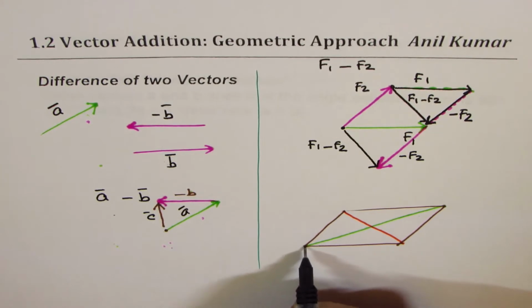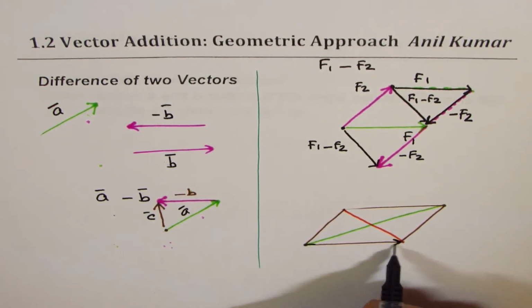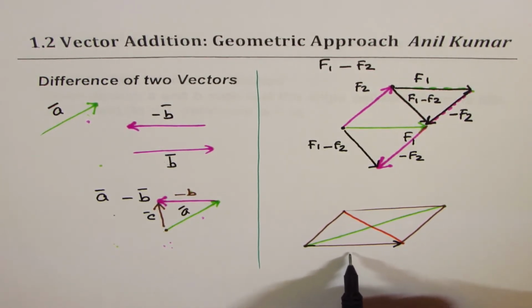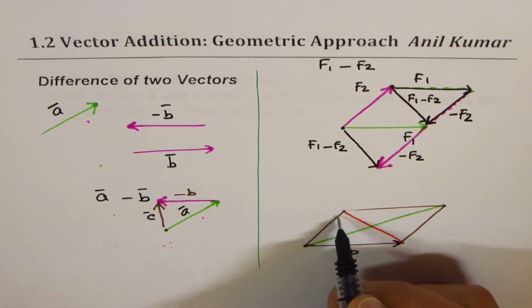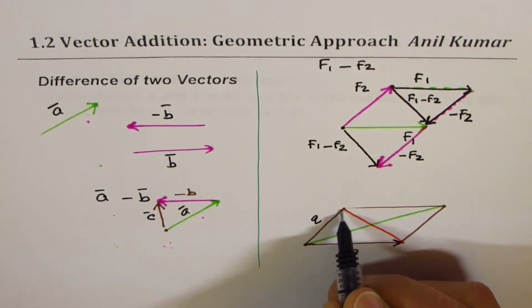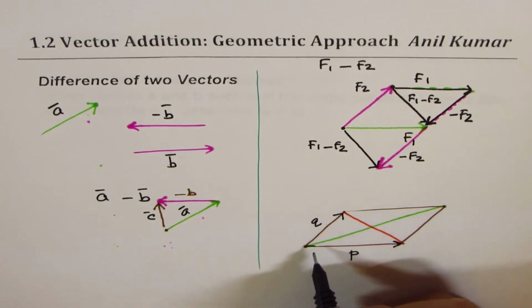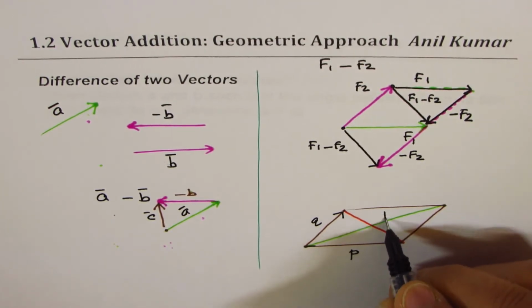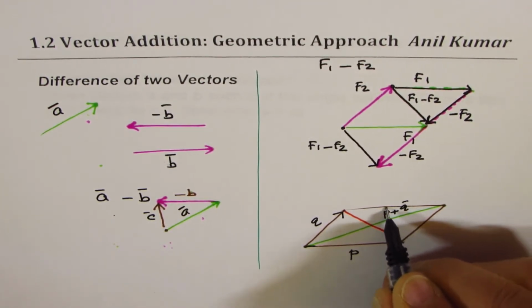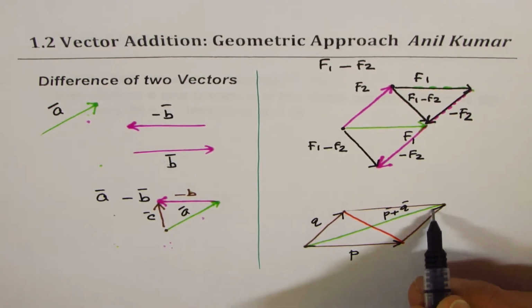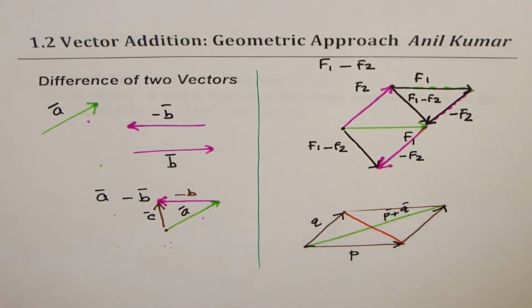If a vector in this direction is, let's say, P, and the other vector is Q in this direction, then the diagonal shown in green is P plus Q. Do you see that? So P and Q added up to give you this longer diagonal, which is P plus Q. The shorter one is P minus Q.